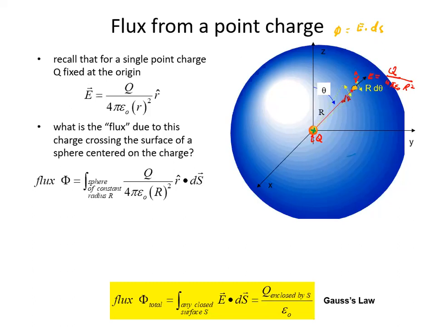So look, a little differential change in theta, this arc. This yellow arc is made by d theta.